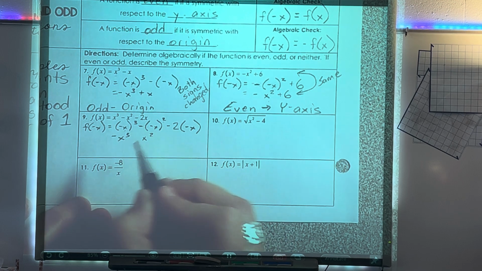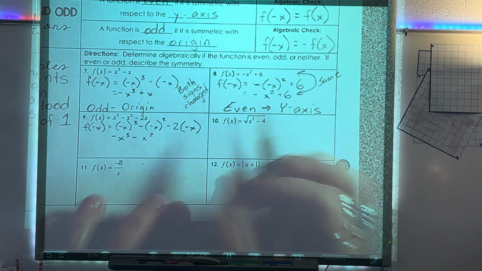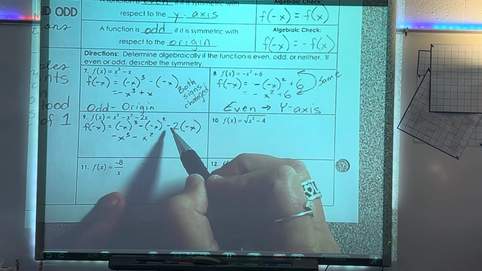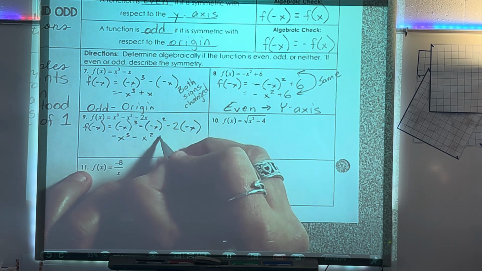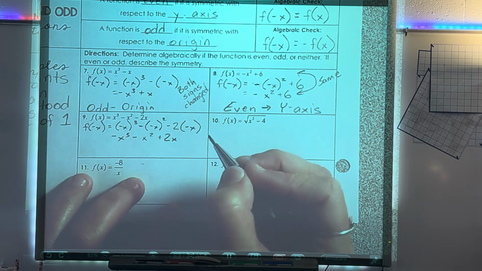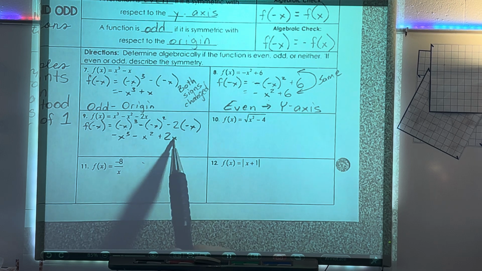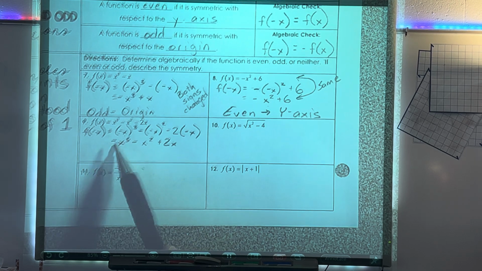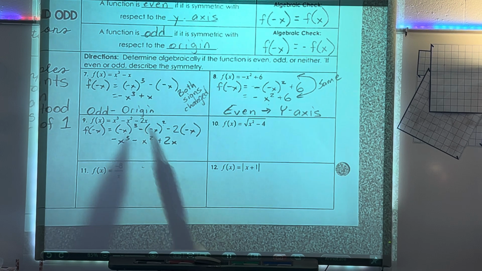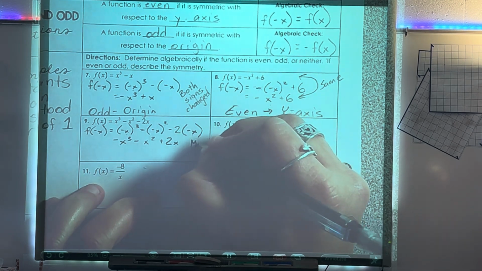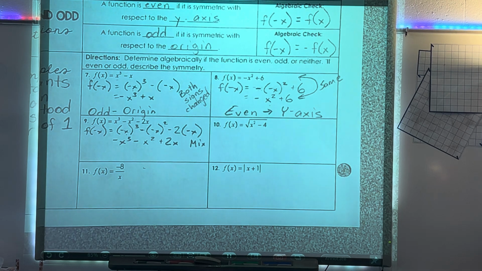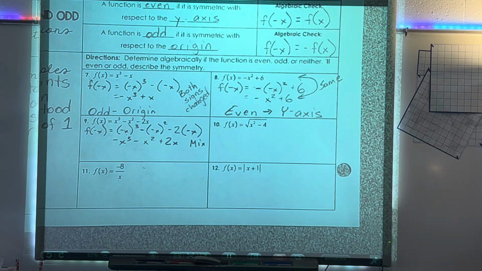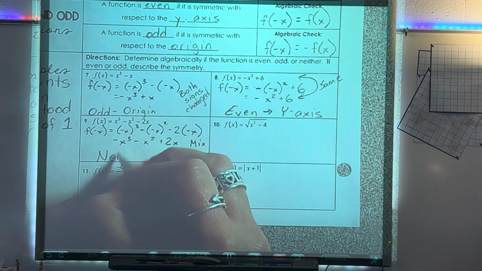But I had a subtraction in front of it, so I have to bring it down. Here, this is a negative x, but I have times a negative 2, which is going to give me plus 2x. So if we look at this one in comparison to the original, this one changed signs, this one stayed the same, this one changed signs, which means I have a mixture, right?